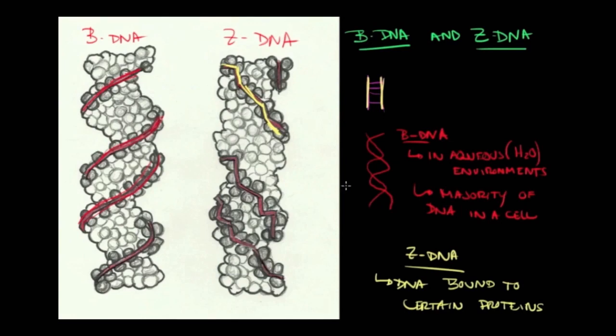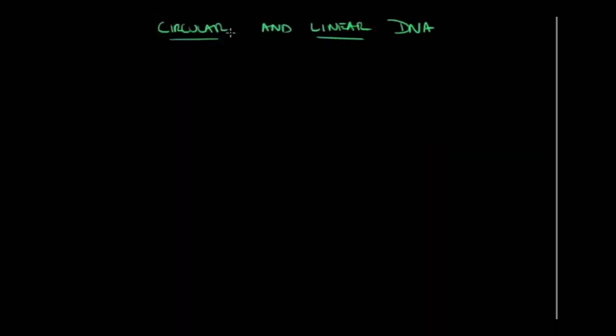So just for you to have an idea that DNA is found in different shapes and forms, not only the helical form, the beautiful helix that you're used to seeing, you actually have other forms, and this is what I wanted to show you here. An important thing to mention is that DNA is found in circular and linear forms.